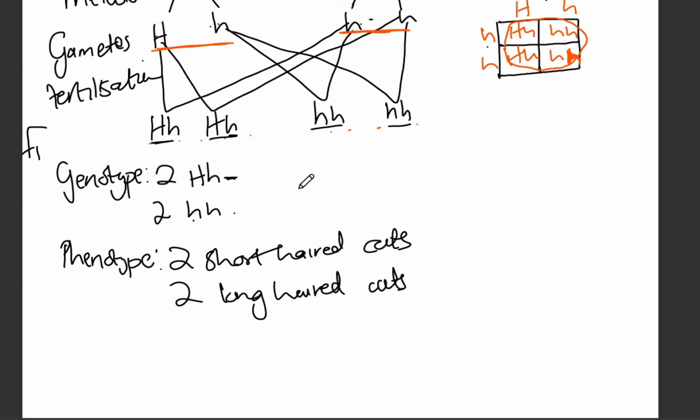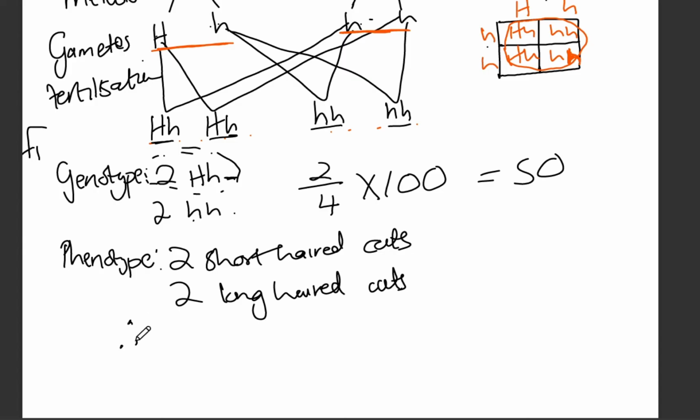Out of those 4 offspring, only 2 are heterozygous short. You multiply by 100, you get your 50. So you don't have to write all of this in a test, but you then have to say, therefore, you are answering the question. It is a 50% chance of heterozygous offspring. You write that, of heterozygous offspring.